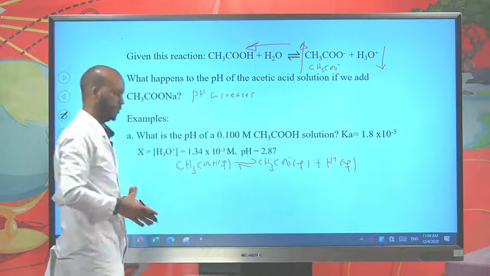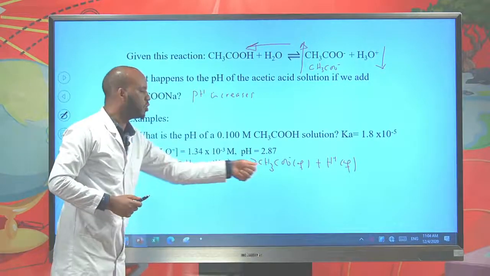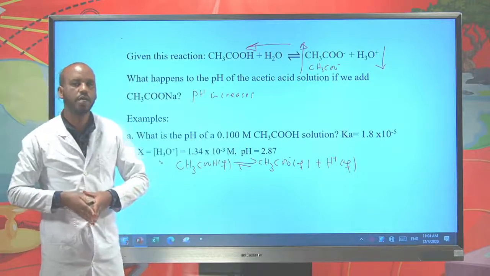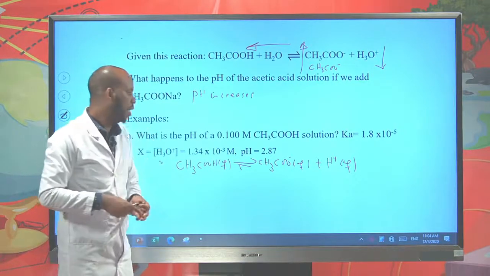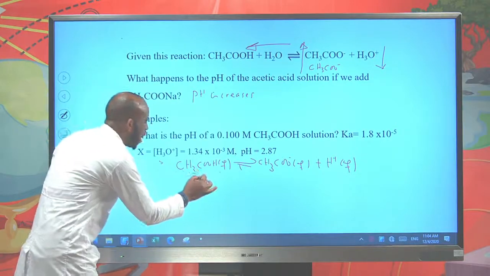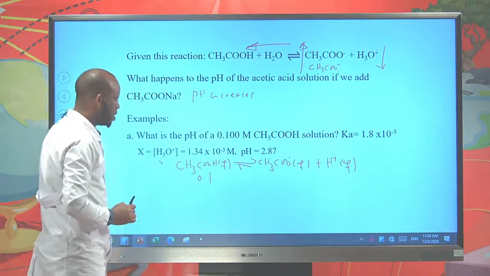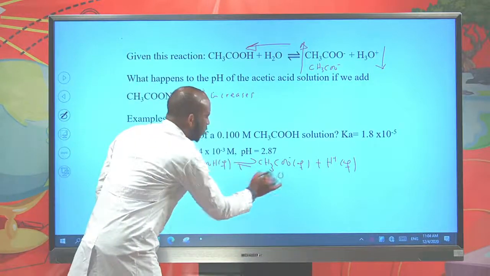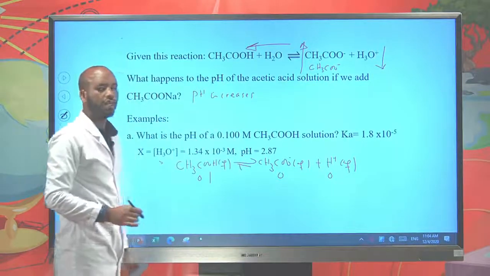To calculate the pH of this solution, we need the equilibrium concentration of H plus. Initial concentration of acetic acid is 0.1 mole per liter. Initial concentration of acetate is 0. Hydrogen ion concentration is 0.